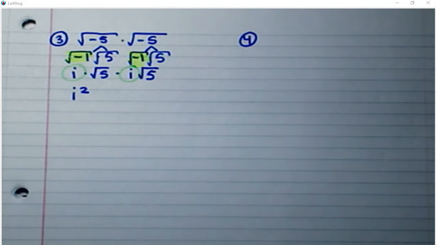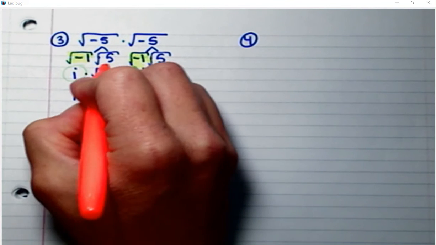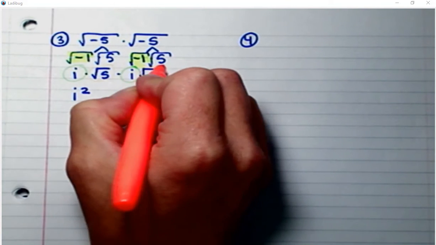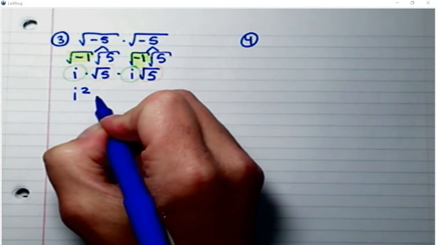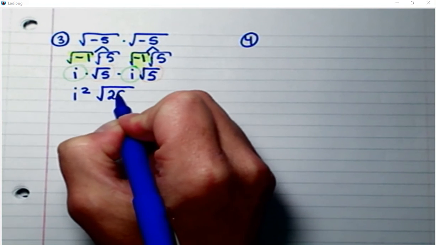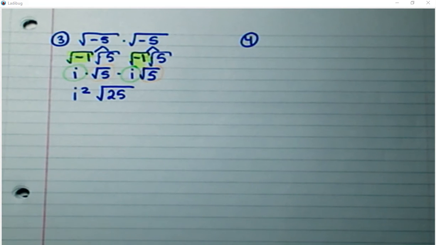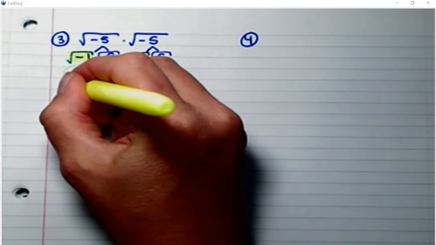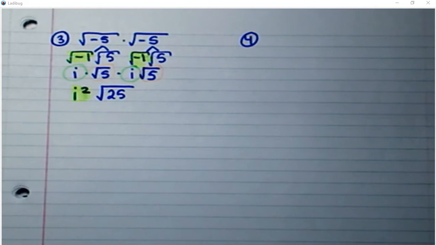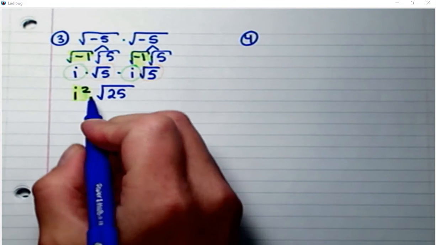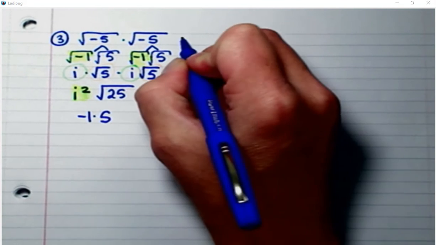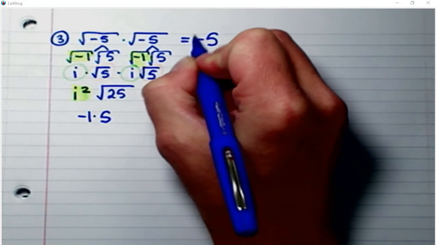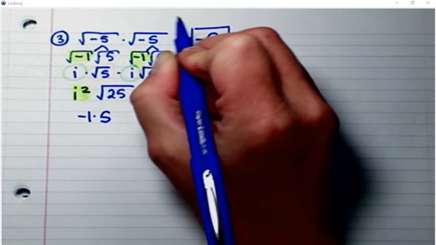And here we've got root 5 times root 5. The pieces that are underneath the radical get multiplied together as well. So that is root 25, which is 5. Then why didn't we just do that first? Okay, hold on, here it is. i squared as a definition is -1. So this actually simplifies to -5.